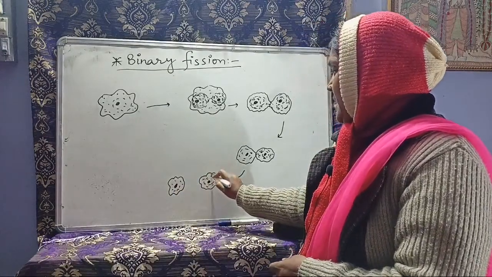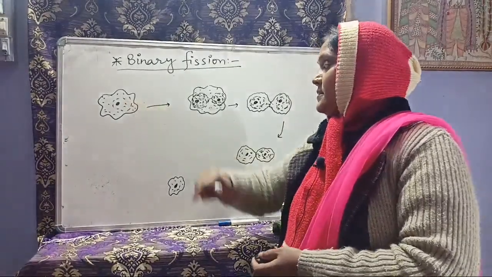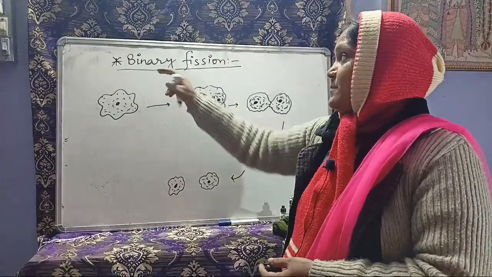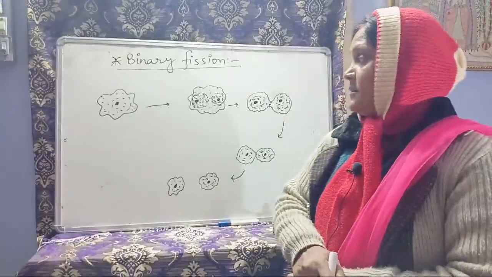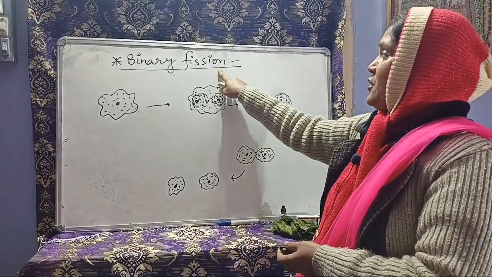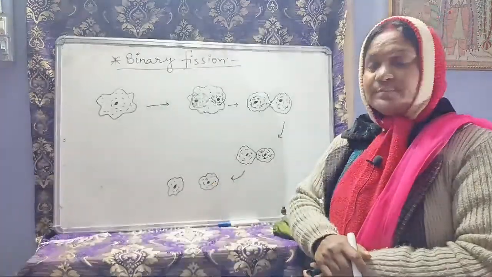Two daughters are obtained. When a unicellular parent divides to form two daughters, it is binary fission. The different steps of fission are given below.